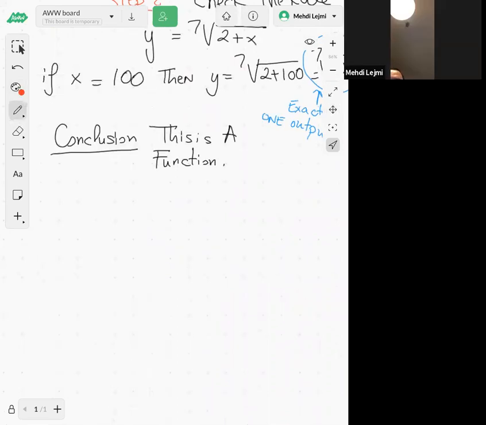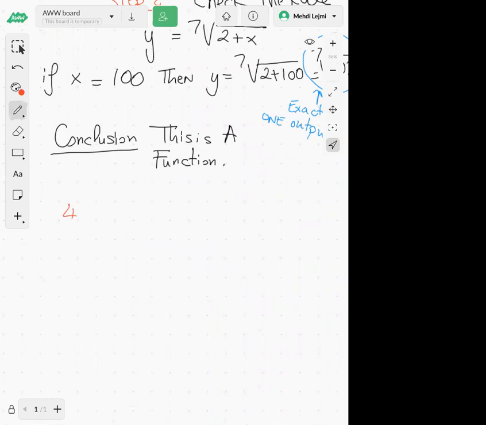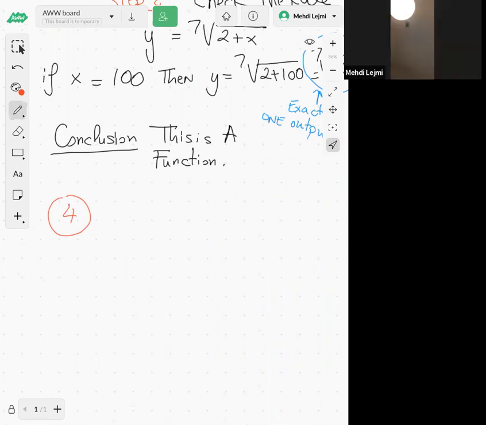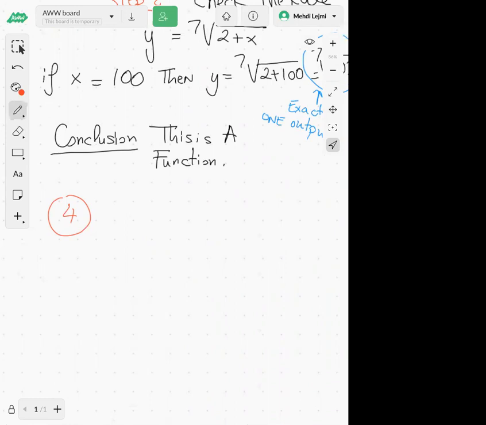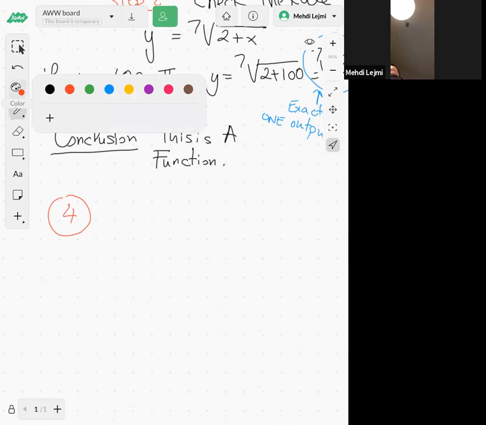So number 4 is kind of tricky. I'm gonna say yes. Oh, no, I think it's no. I had to use a quadratic formula to find y. Yes, it's no. So, yeah, let me explain why it's not a function.